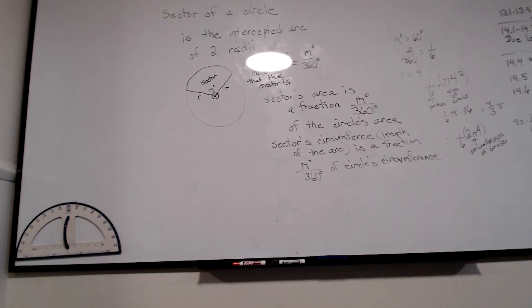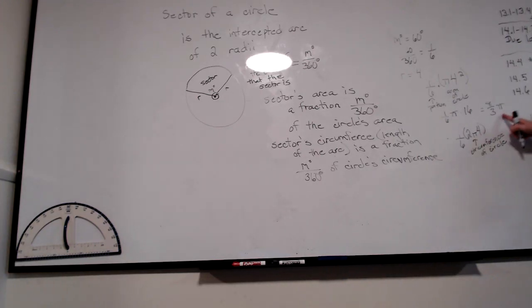If I knew that the radius was in inches, what type of unit would be on the area? It'd be inches squared, because notice we squared the 4, so we also squared the inches.